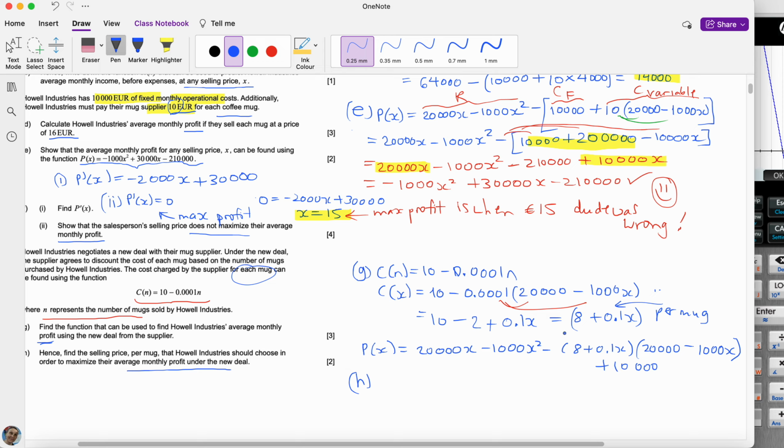So this is our cost, so all of this is going to need a big bracket, okay? So again, remember, this is your fixed cost, and this is your variable cost. And if you graph this whole thing and just find the maximum, or what the selling price should be, then at that point it ends up being 14.4, okay?